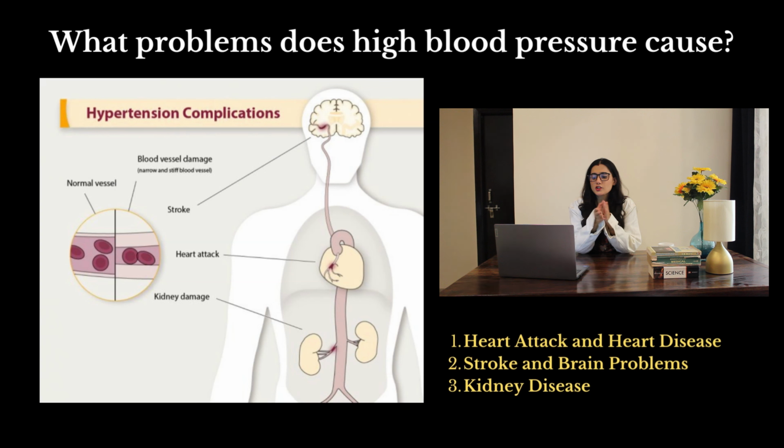Now let's talk about heart attack and heart diseases. So high blood pressure can damage your arteries by making them less elastic, which decreases the flow of blood and oxygen to your heart and leads to heart diseases.